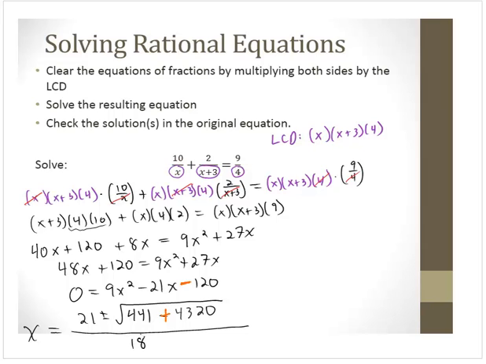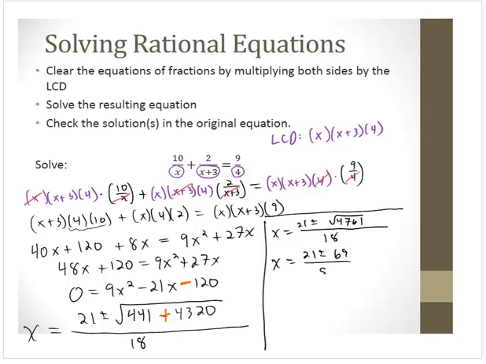Now 441 plus 4,320 is 4,761. So then x is 21 plus or minus the square root of 4,761 over 18. And the square root of 4,761 is 69. So x is equal to 21 plus or minus 69 over 18.